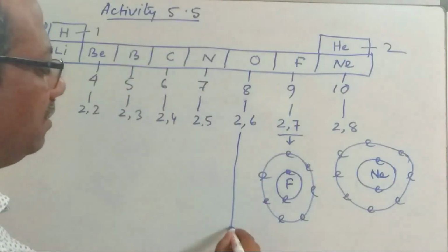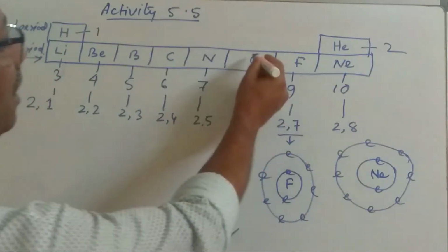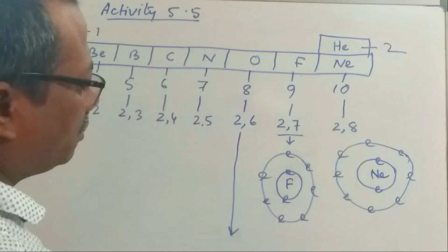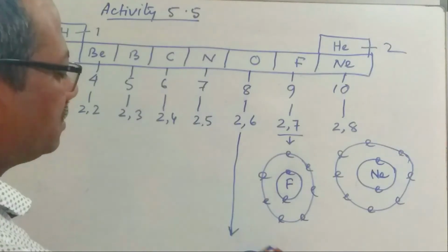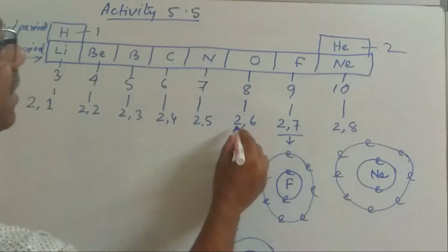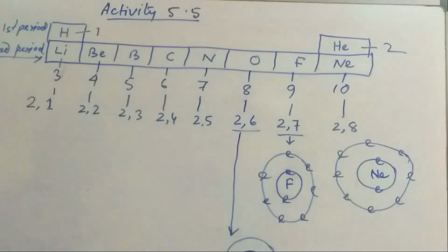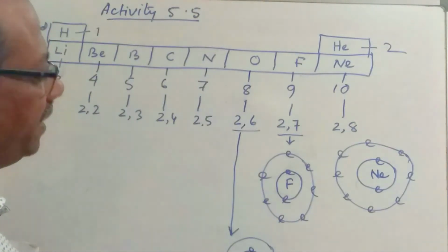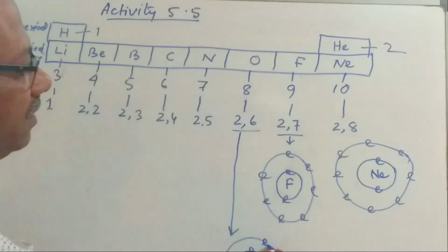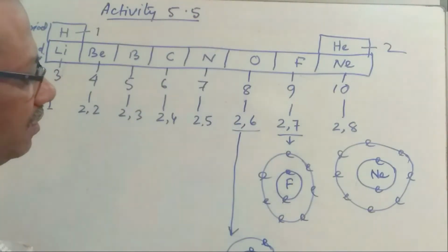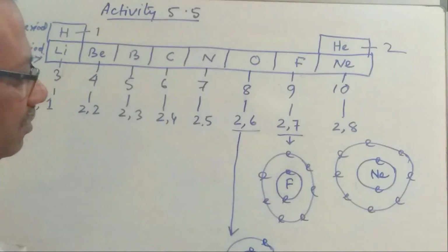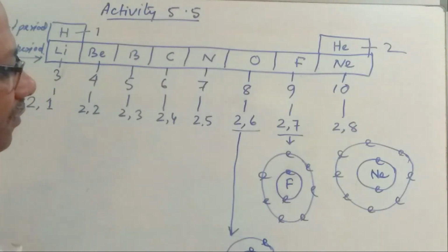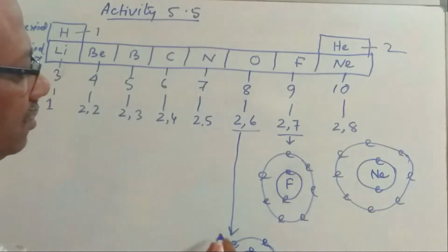Now we are going to draw oxygen's electronic configuration. They have also 2 shells. So first orbit 2 electrons are satisfied. In the next shell, the last valence shell, they have 6 electrons: 1 2 3 4 5 6.